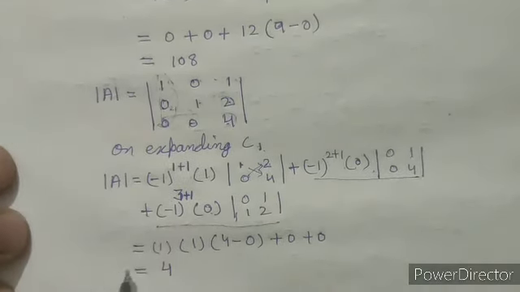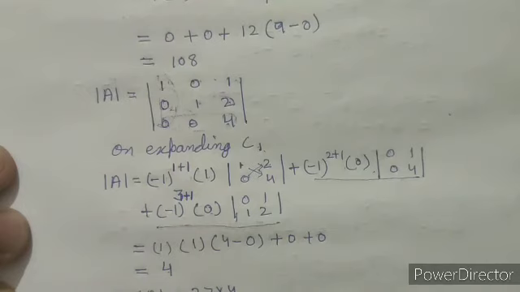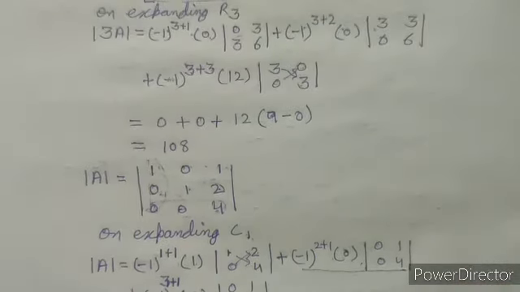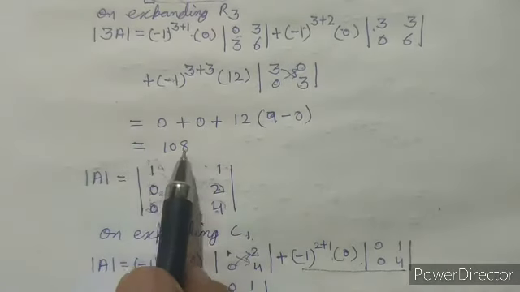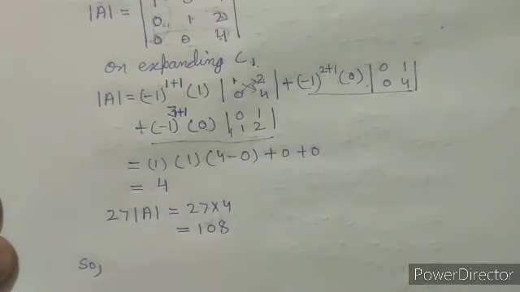Now if we multiply 27 with determinant A, that gives us 27 into 4, and that is equal to 108. So we can say that determinant 3A was also 108, and 27 into determinant A is 108.